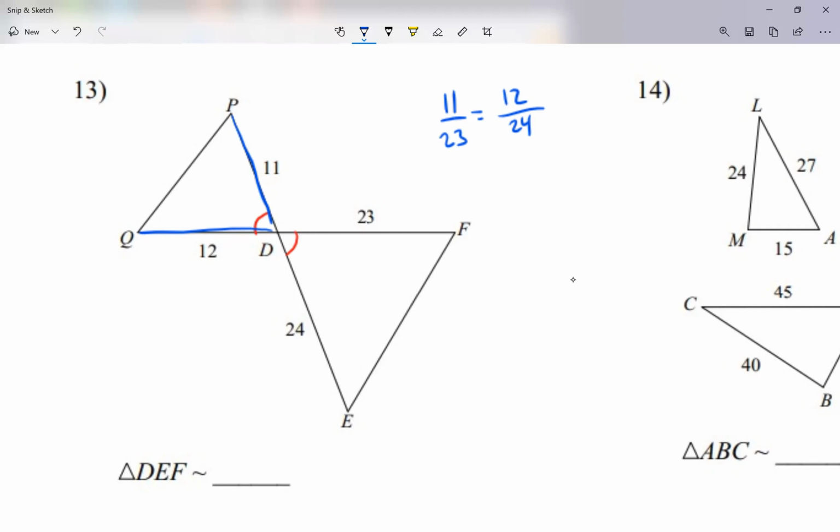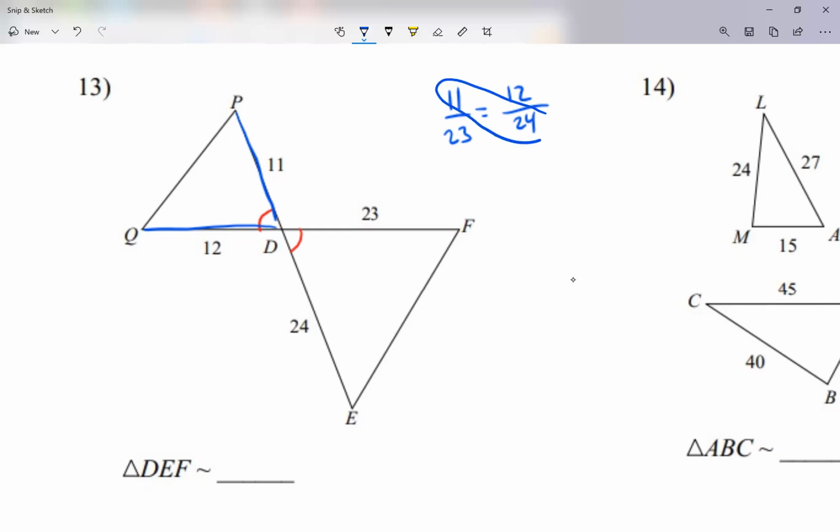When I go 11 times 24, I get 264. And when I go 12 times 23, I get 276. Huh, these sides are not proportional.